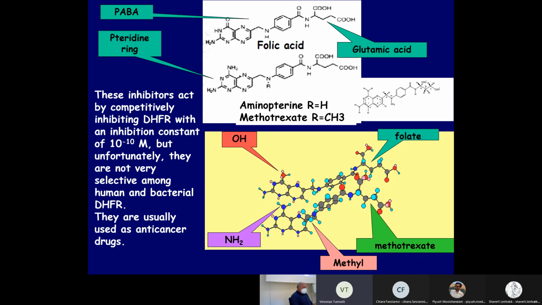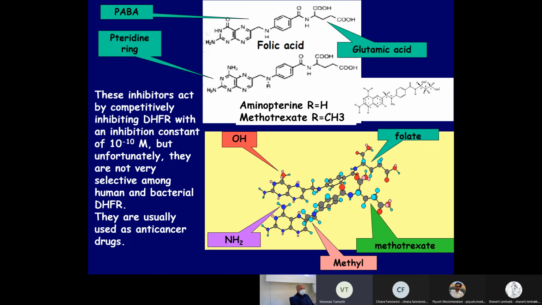So you can understand the surprise of the scientists at that time when they saw that a little difference, an oxygen instead of an amino group, was able to increase the inhibition constant of methotrexate in this way. At that time, they didn't know the reason, but they found this result.